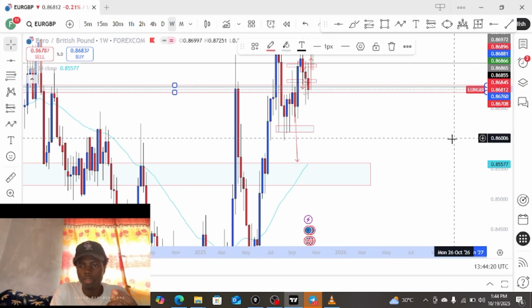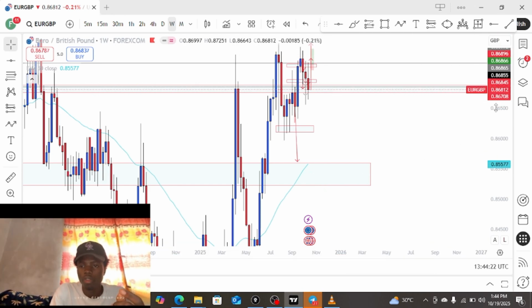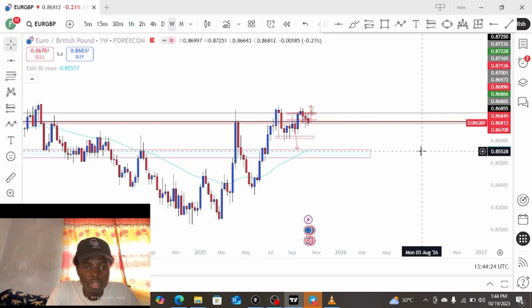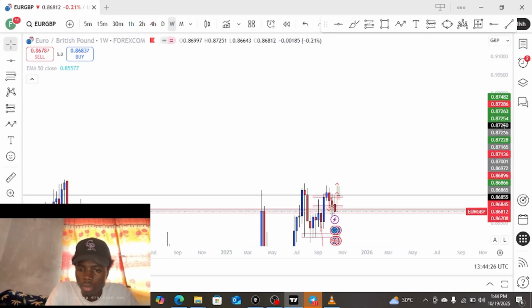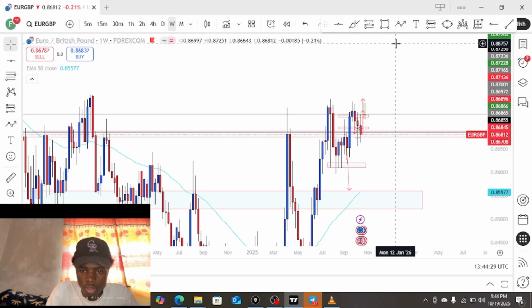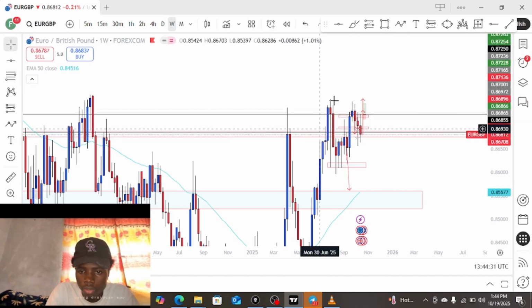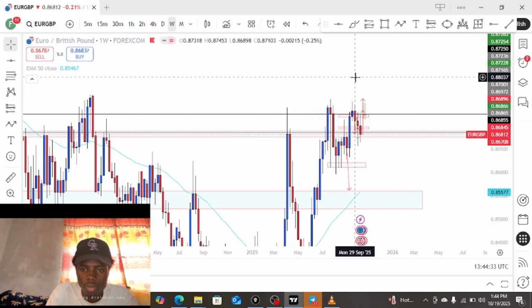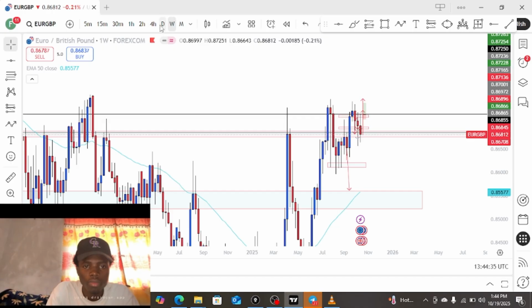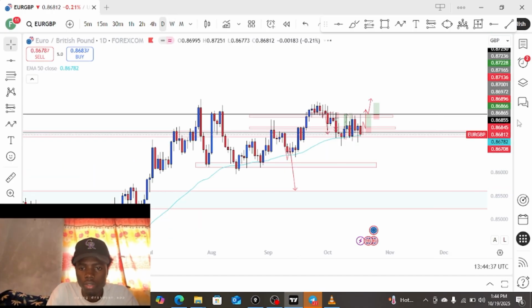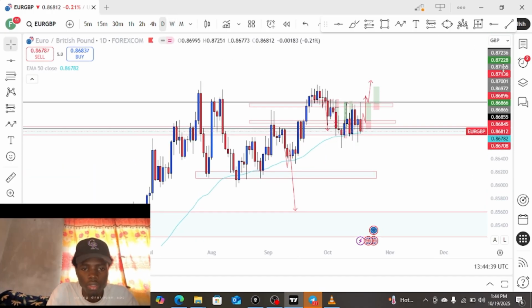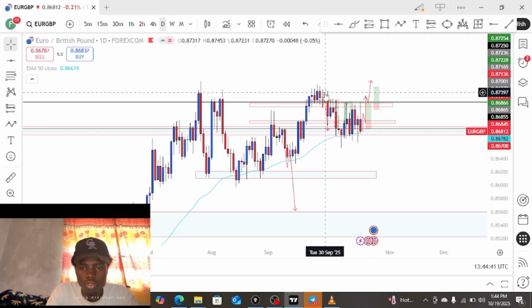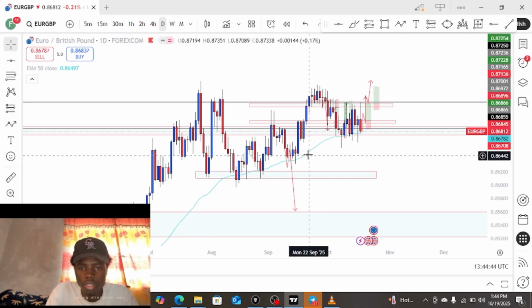So, okay, you have the weekly retracement. So the weekly is bullish. Daily is also bullish. Higher high, higher low.